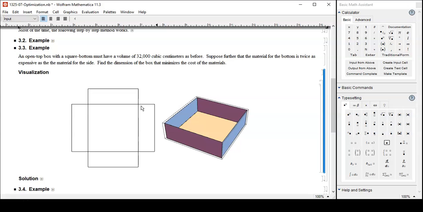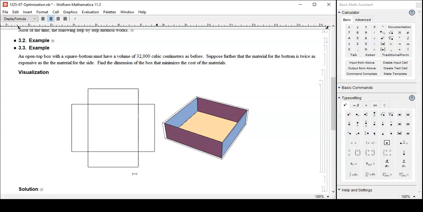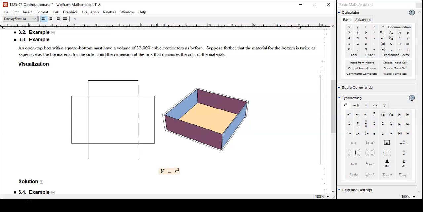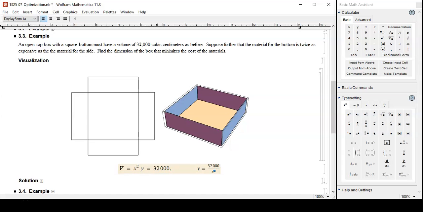So the objective function becoming V equals x squared times y equals 32,000. Therefore, y equals 32,000 over x squared. That much is going to be identical.